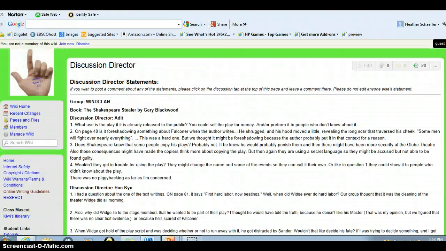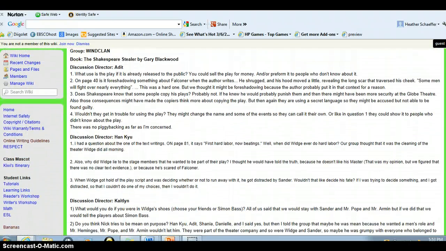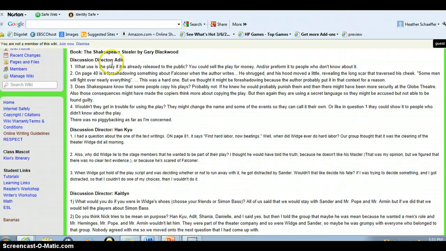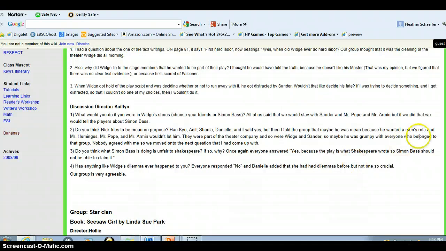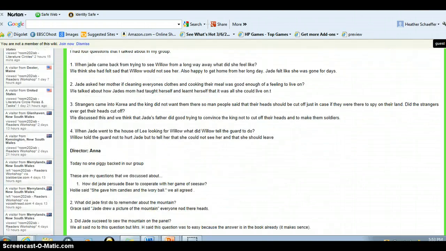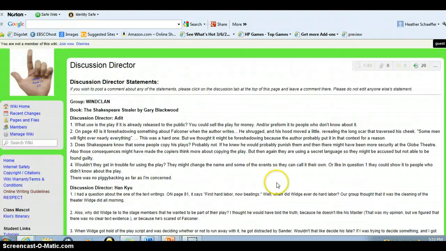You can see the progression. For this week, Adit was the discussion director. Those are the questions that they posted. And then you had Hankyo and Caitlin. This also shows you progression in their work. So as a teacher, you can monitor and make sure that they're on track.